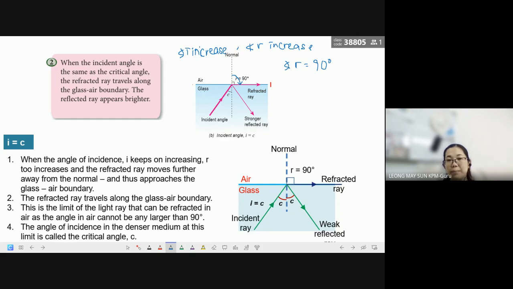When this happens, the incidence angle is known as the critical angle. I repeat, when the incidence angle increases, the refracted angle will continue to increase, because moving from denser optical density to less optical density, it will refract away from the normal line. So as the incident angle increases, the refracted angle increases, until the refracted angle is 90 degrees, and the incident angle is known as the critical angle.